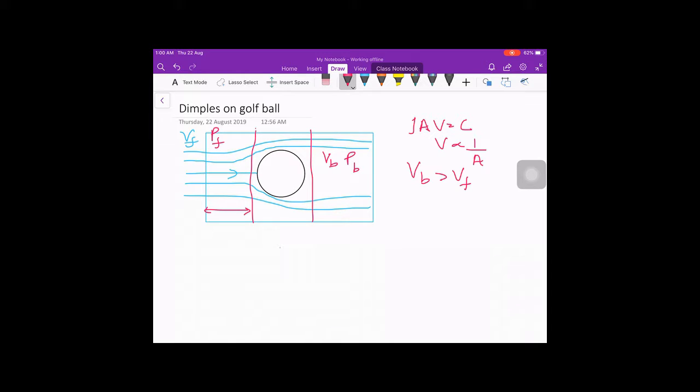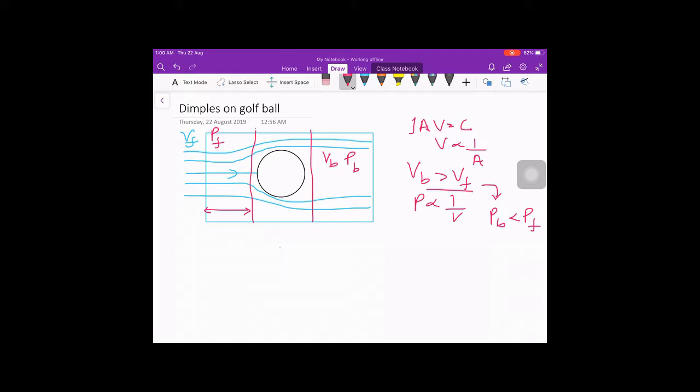As we know, the relation between pressure and velocity is that pressure is inversely proportional to velocity. So if pressure is high, velocity is low, and if velocity is high, pressure is low. From this relation, we get that Pb, the pressure behind the ball, is less than the pressure in front of the ball.